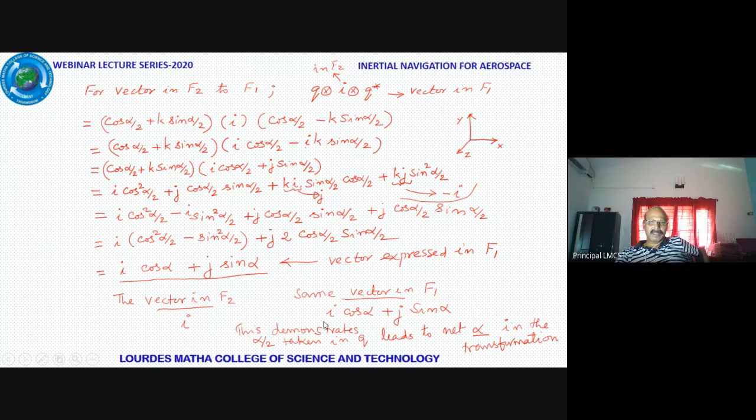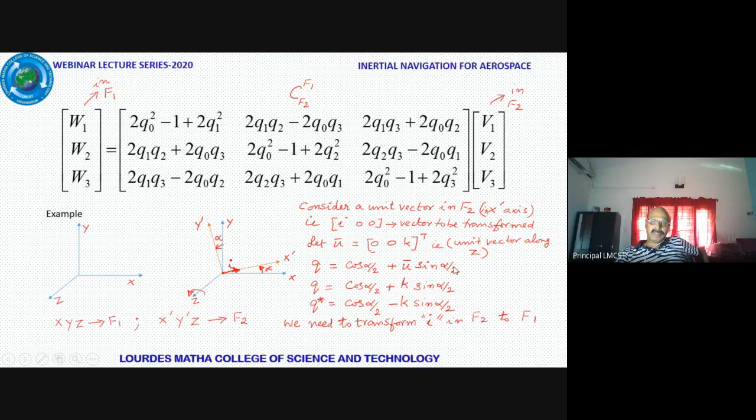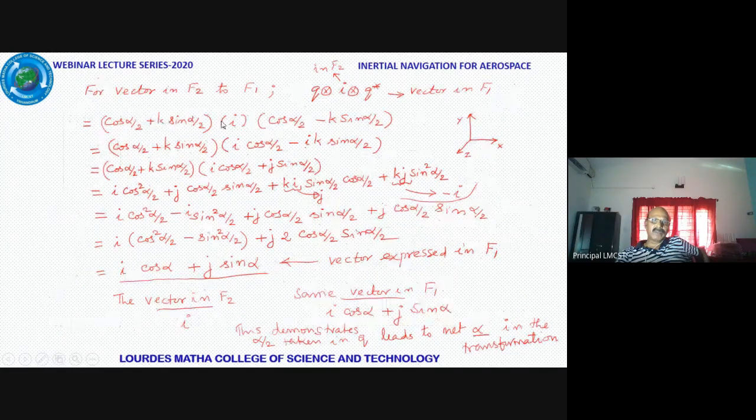Now you see, we have taken cos(alpha/2), sin(alpha/2), and we have done this operation, Q, I, Q star. See, finally we got alpha. We took alpha by 2, as we anticipated, because Q comes 2 times, as Q and Q star, twice this alpha by 2 will come, therefore the net angle will be alpha, and it really happens. That's what is demonstrated here.